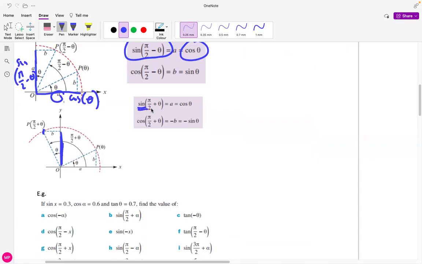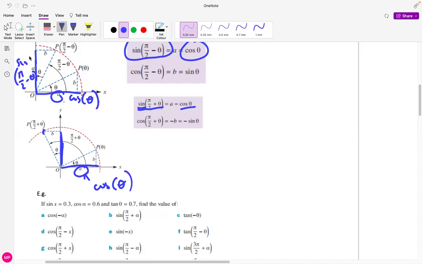That's sine of pi over 2 plus theta. And if we compare to this triangle here, that distance is the same as the horizontal distance underneath here, which is A. And the horizontal is cos of the angle, but the angle we have here is theta. Therefore, sine of pi over 2 plus theta is cos of theta.